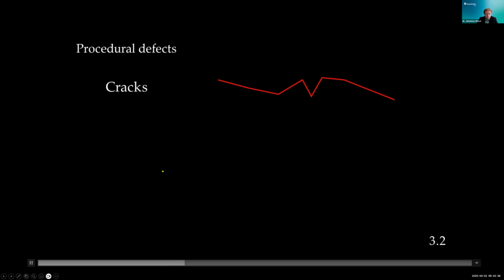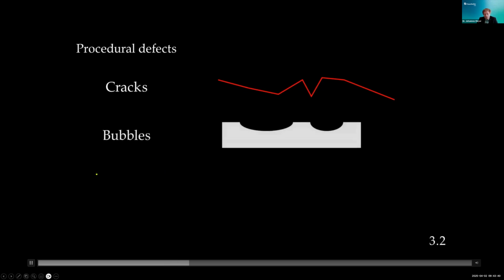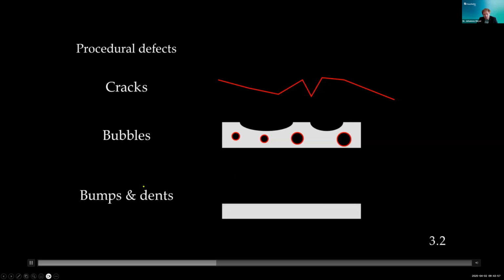This might also be true, for example, for bubbles or cavities hidden in a transparent material, as we have seen before. You can just instantiate spheres with varying position and diameter that are filled with air, for example, and put them inside your object. And maybe also bumps and dents, as we have seen in the deflectometry example.